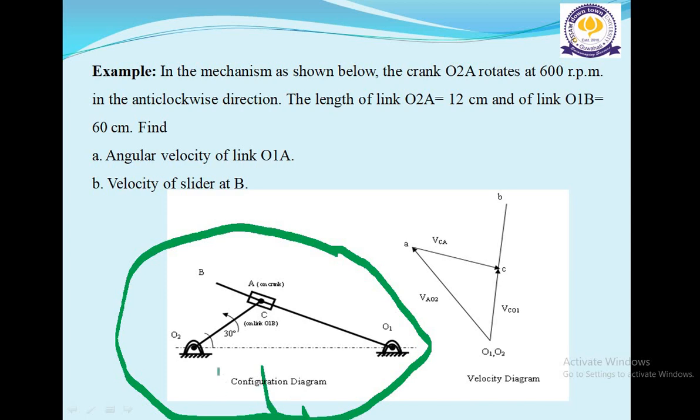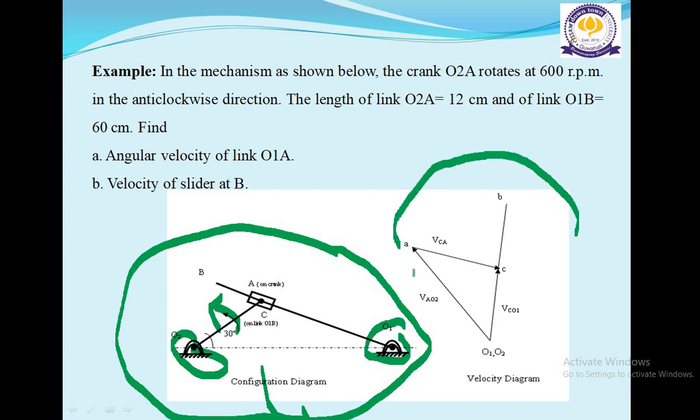Here you can see this is the fixed point O2, and O1 is the slider. This is moving at 30 degrees in the anti-clockwise direction, and here A is the crank. You can see from here how the velocity diagram has been drawn. O1 and O2 are fixed points.